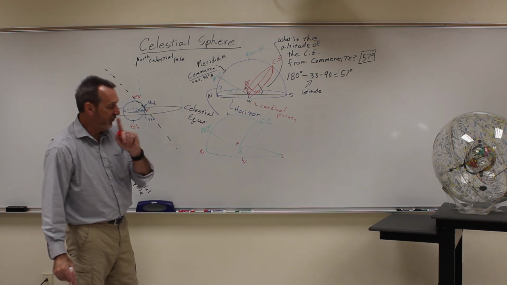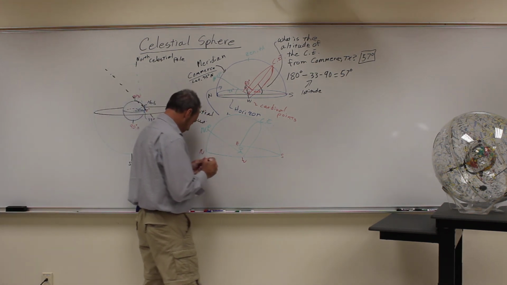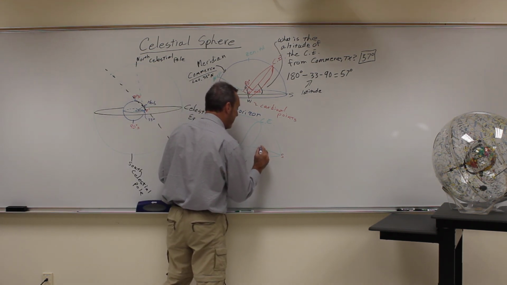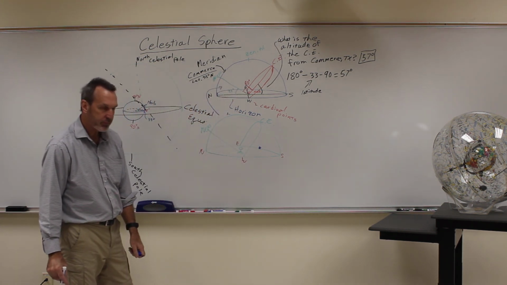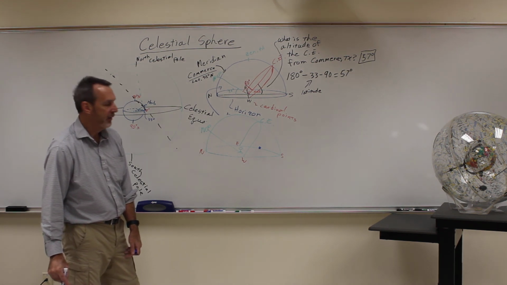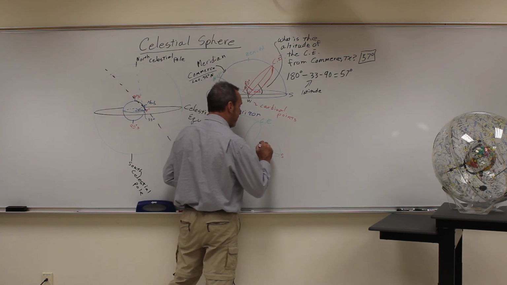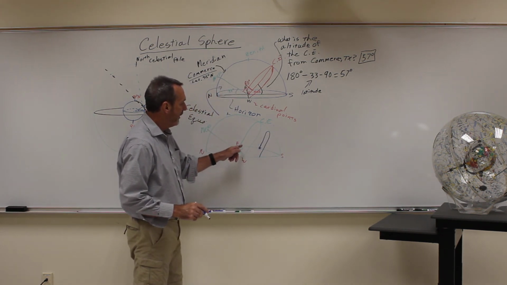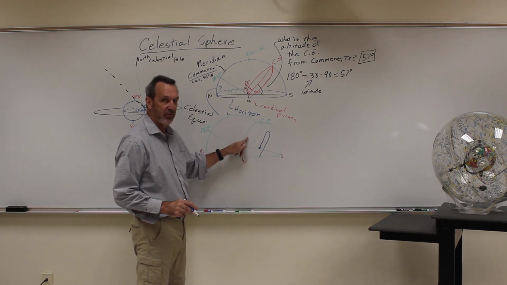What I'm going to show you is if there was a star rising in the sky, so there's a star that rises right here in the southeast. What is the path it's going to make across the sky? Well, it's going to make a path across the sky that makes a circle that always parallels the celestial equator.